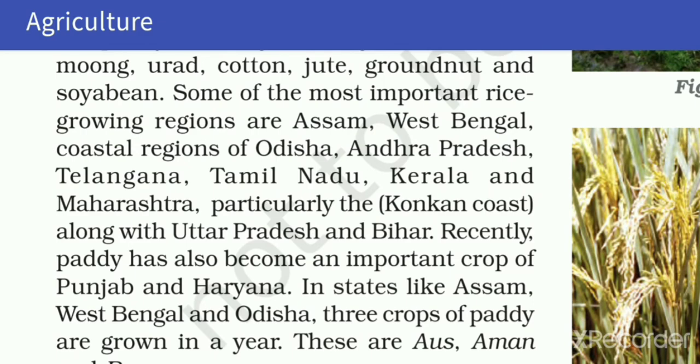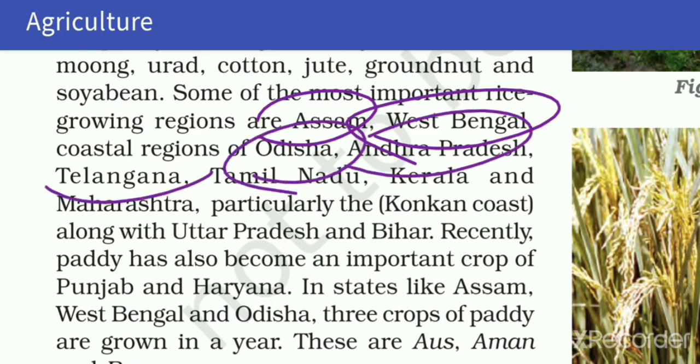Apart from these, there are some states like Assam, West Bengal, Orissa, Andhra Pradesh, Telangana, Tamil Nadu, Kerala, Maharashtra and the Konkan coast. So these are the states where Kharif crops are generally grown.